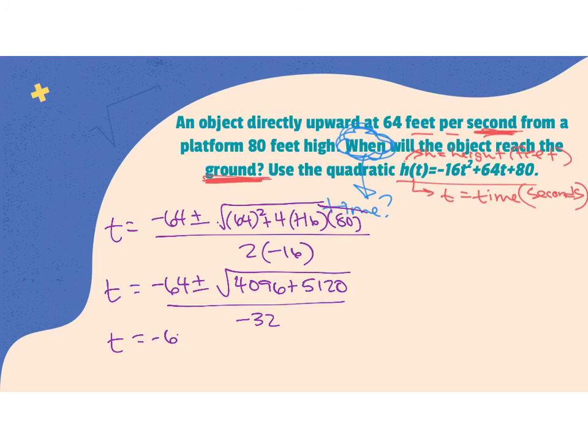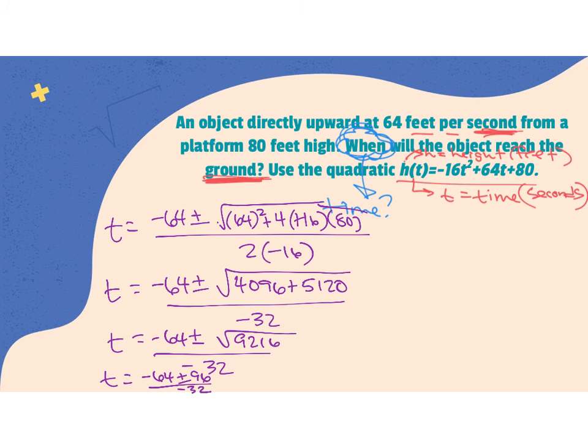So I get negative 64 plus or minus the square root of 4096 plus 5120. That's 9,216. And if I take the square root of that, I get 96. So I have t is equal to negative 64 plus or minus 96 all over negative 32. Sorry, I had to write kind of small there.